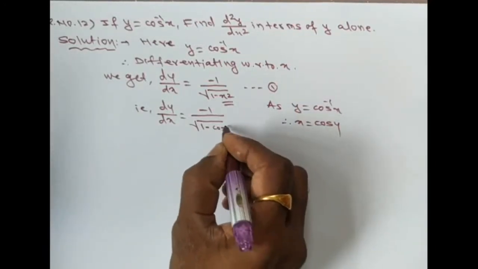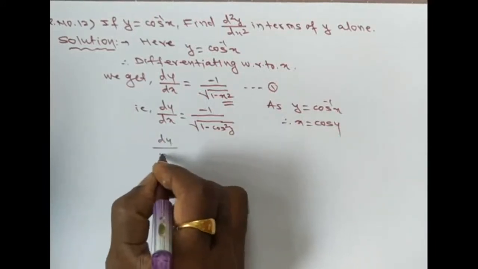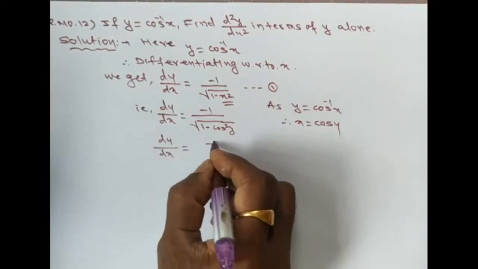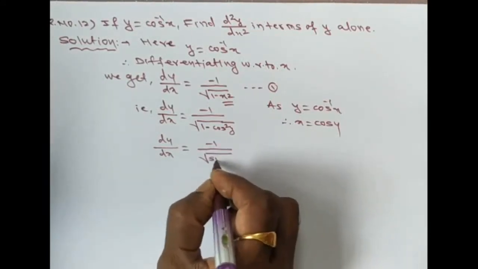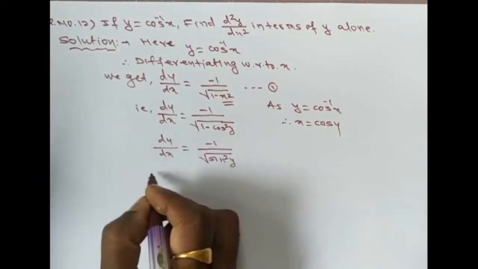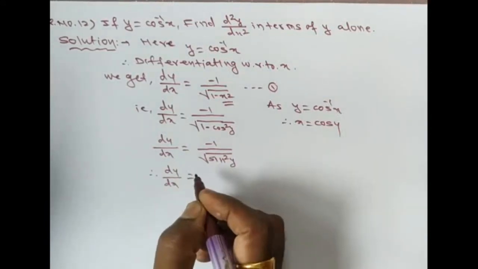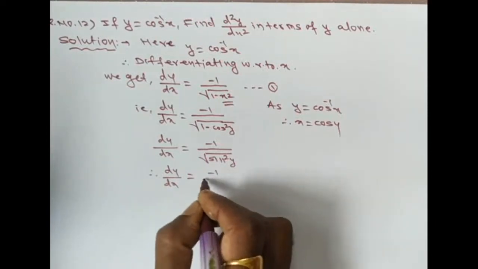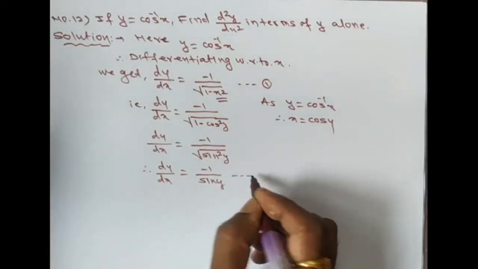So dy by dx equals minus 1 upon under root of 1 minus cos square y, which is sin square y. Therefore dy by dx equals minus 1 upon sin y. Give this as number 2.